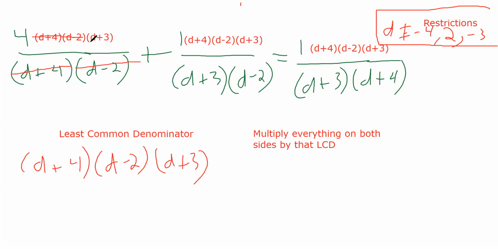Now we're still left with this D plus 3, but there's nothing we could do about that because it was necessary for these. I also can't just multiply this one by only the two factors that I needed for this one, and then for the next fraction throw out the D plus 4 factor and just multiply by these two. No, I need to multiply each and everything by the exact same thing.